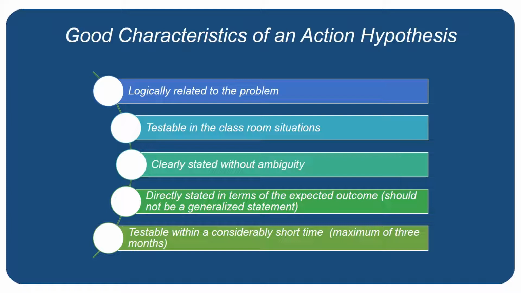Many times we tend to have generalized statements. And it should be testable within a reasonable short time. There is no fixed time, but still the hypothesis that you have framed should be testable within, say for example, a semester time, a maximum of 3 months should be all right when you talk about a hypothesis.